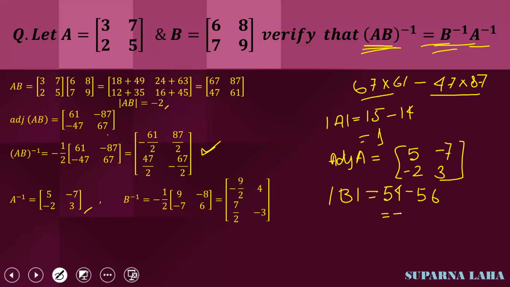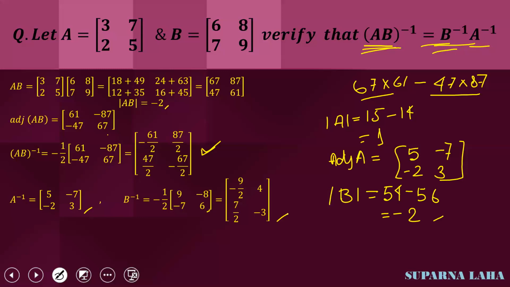So the determinant of B is minus 2. You can use that property of determinant also, or you can easily find the determinant value directly. So 54 minus 56, there will be minus 2. Now just exchange the diagonals and add minus with the off diagonals. So it will be 9, 6, minus 8, minus 7, and just divide this by minus 2.